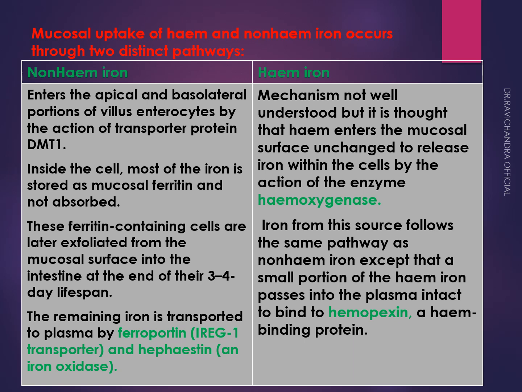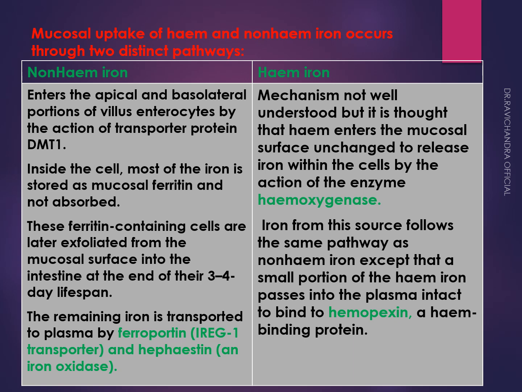Coming to the heme iron, the mechanism is not well understood, but it is thought that the heme enters the mucosal surface unchanged and releases iron within the cells by the action of the enzyme called hemoxygenase. Iron from this source follows the same pathway as non-heme iron, except that a small portion of the heme iron passes into the plasma intact to bind to hemopexin, a heme binding protein.